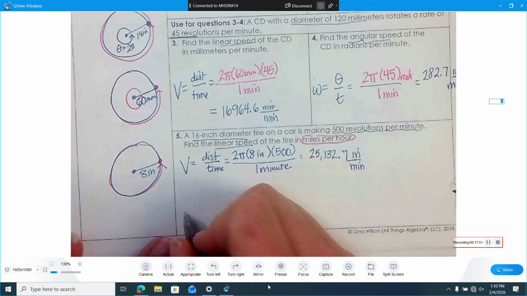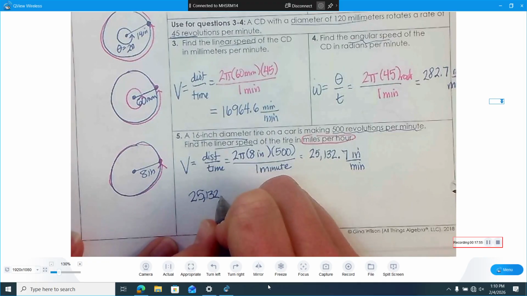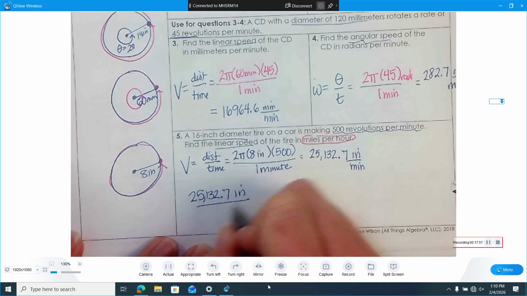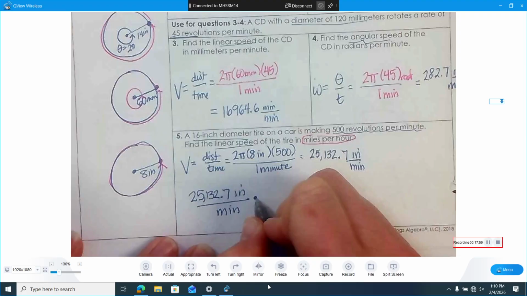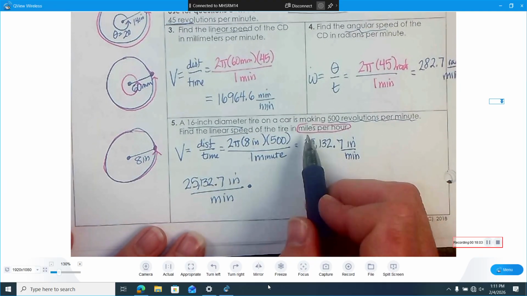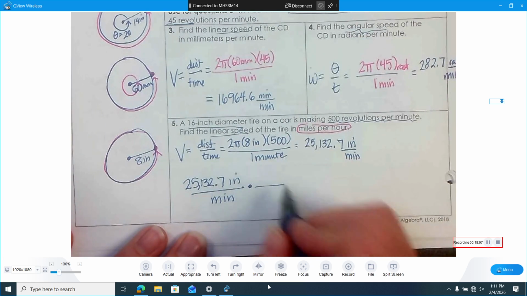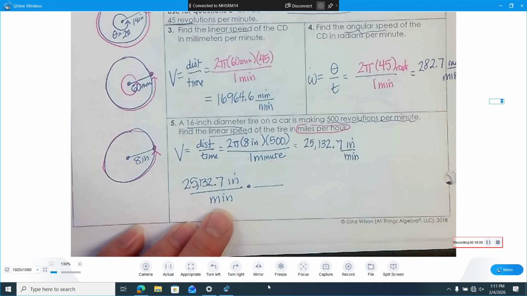All right, so here we go. I'm going to take my 25,132.7 inches per minute, and we're going to do a lot of conversions here. So let's start. We need to turn minutes into hours. What do we know about minutes? 60 minutes is 1 hour.